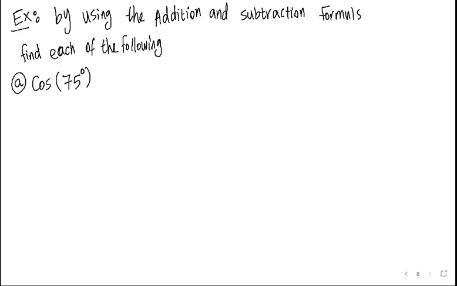How can I find the cosine for 75 degrees? By using the addition and subtraction formula. This means I have to write it as the cosine of two angles.